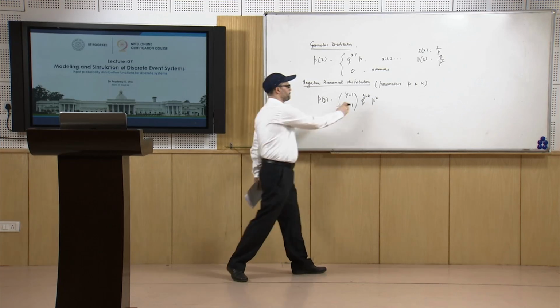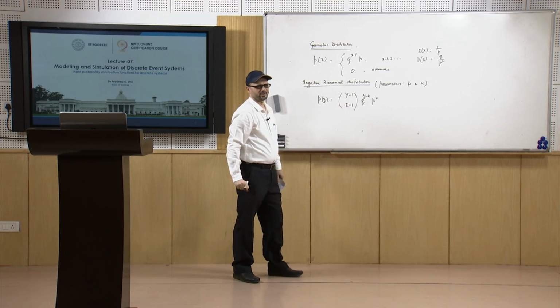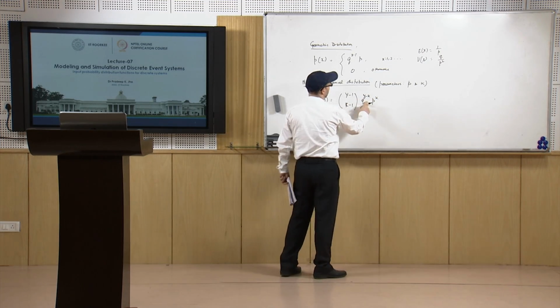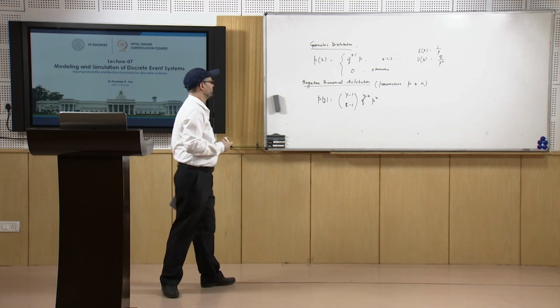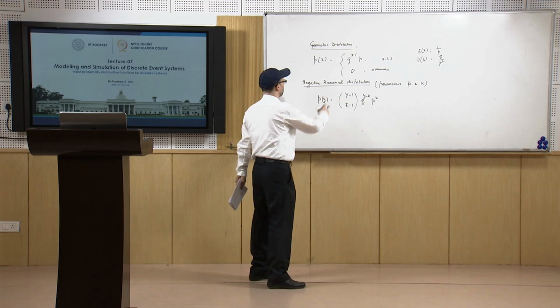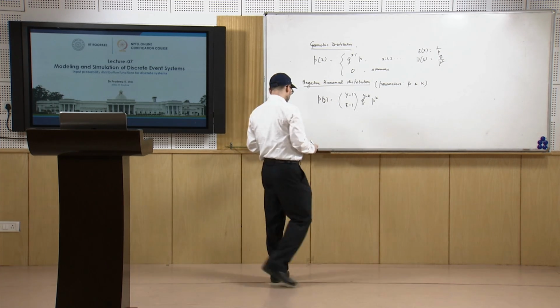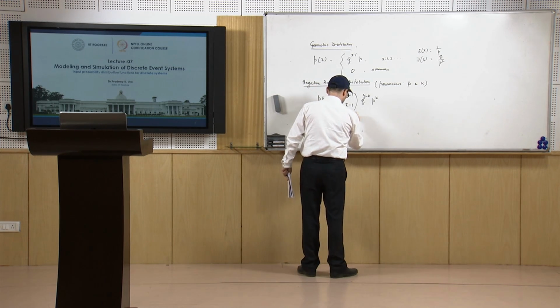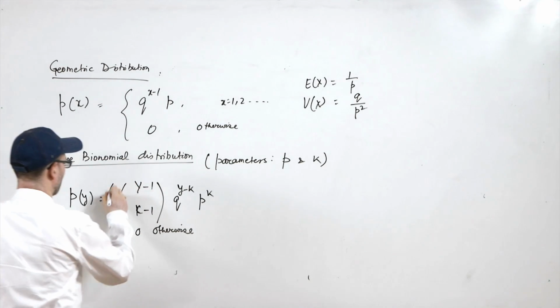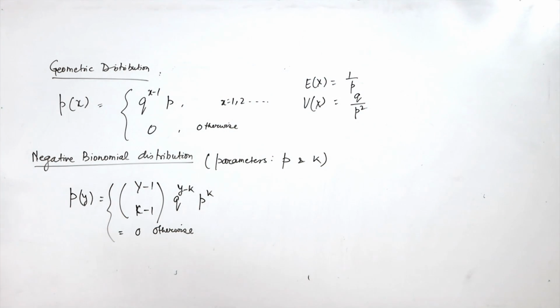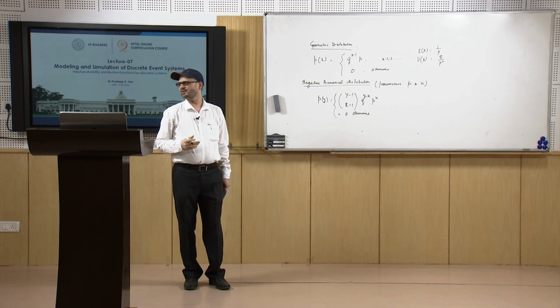So, that is why on this you have the power k, and on the failure probability you have the power y minus k. So, this is the probability distribution function for the negative binomial distribution, and it will be 0 otherwise. This is the representation for negative binomial distribution.